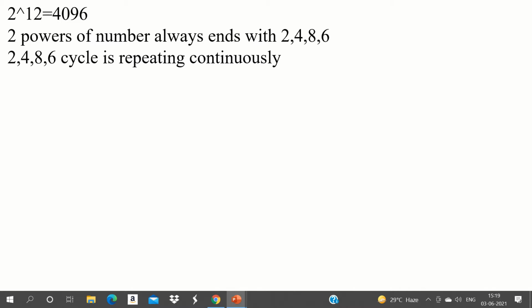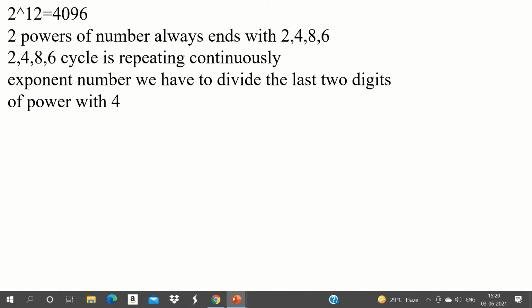So for a number with unit digit 2 having a power, what is the procedure? Suppose 3 power 4 is there: 3 is the base, 4 is the exponent.